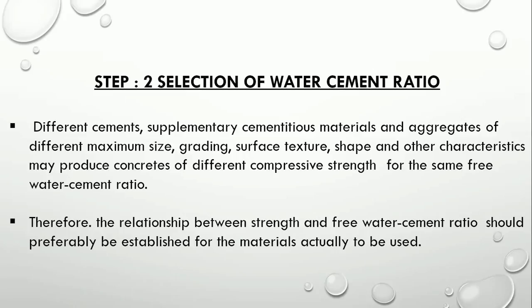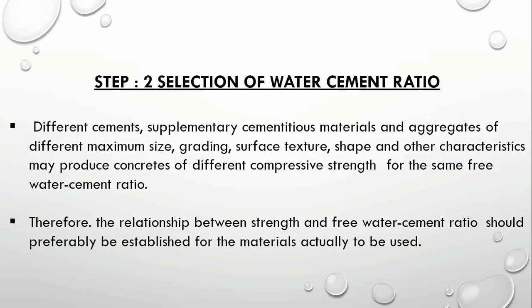For that there is a solution, and the solution is mixing admixtures, which enhance the properties of the concrete. Admixtures are chemicals which enhance the properties or characteristics of the concrete. We can use admixtures like plasticizers or super plasticizers for increasing its workability. So this is the way.